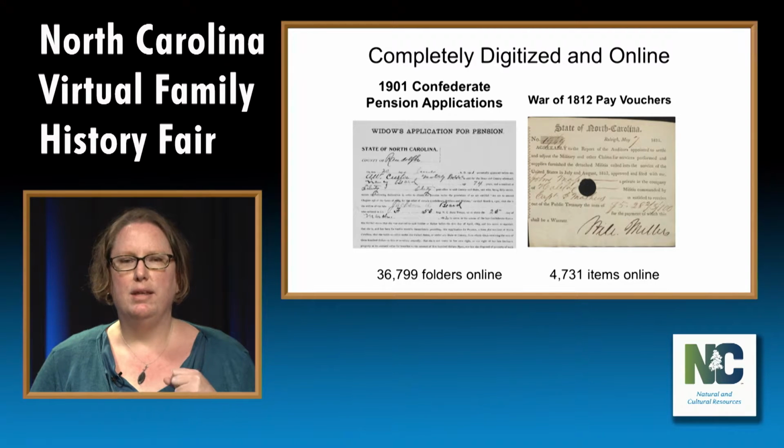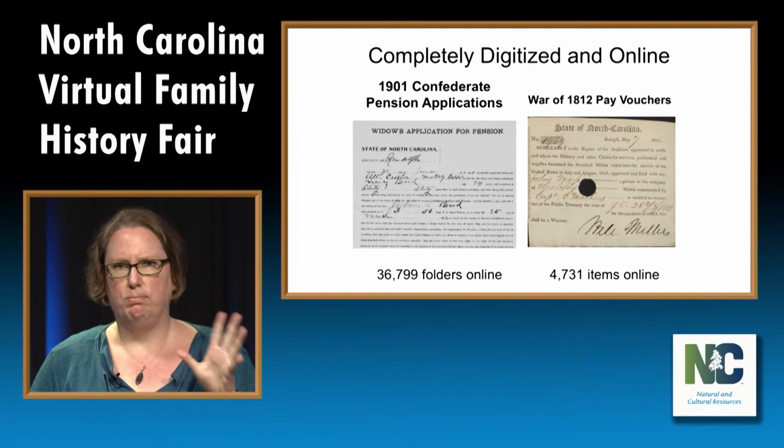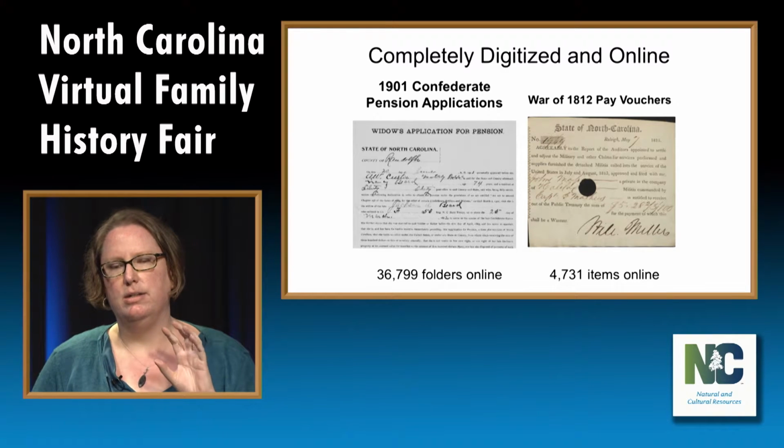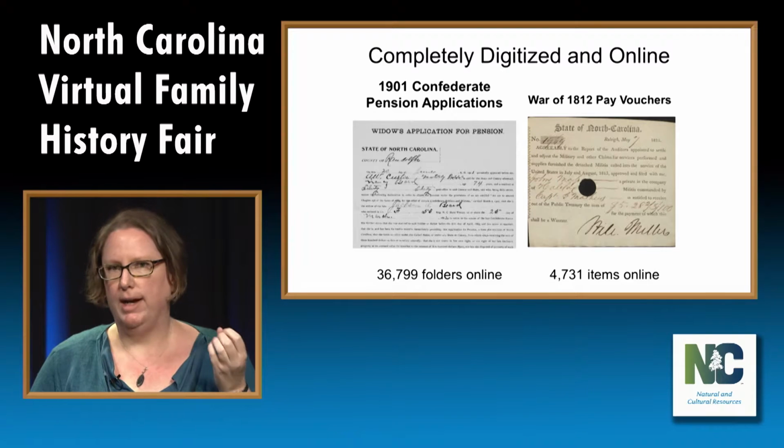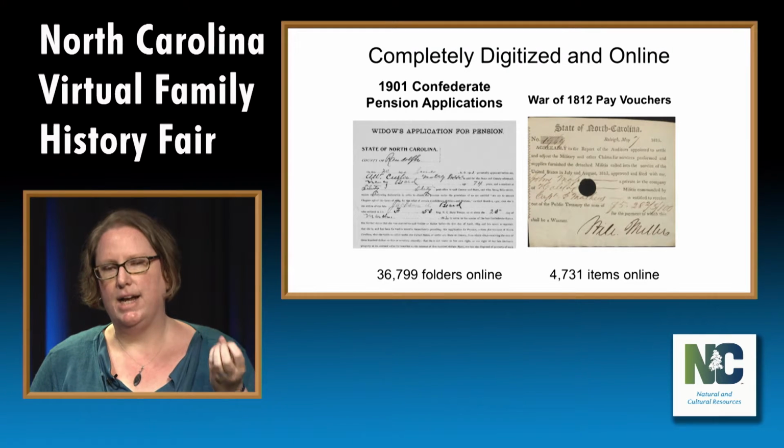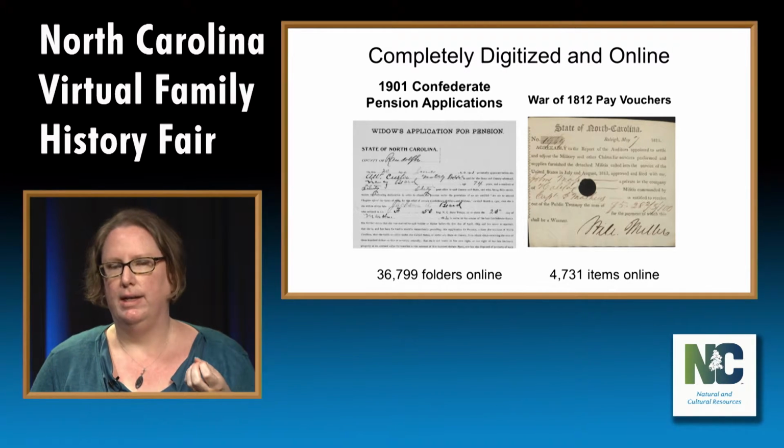So on the surface, these are records for two very different wars, but they are very similar in that they are both payment exchanges or documentation of payment exchanges for veterans of these wars, and they are presented on form documents, basically, with handwriting in them to actually contain the information that you're going to be looking at. And you can see at the bottom of the screen we've listed how many items.